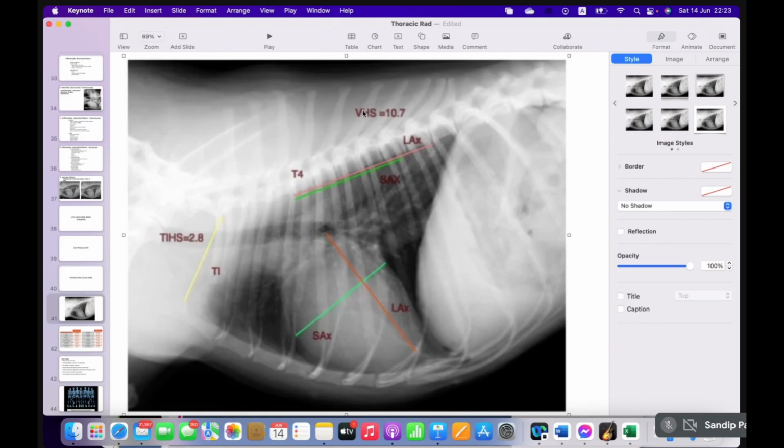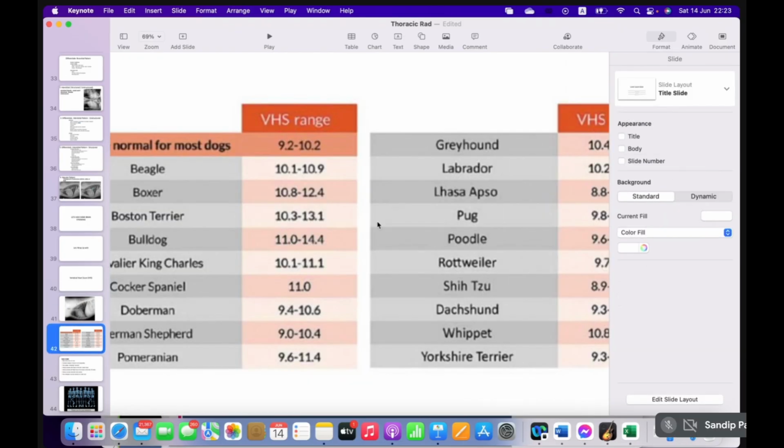So this is how we do the measurement. We take two measurements and we start measuring from the T4 vertebra, and we call that the vertebral heart score, and we give the number. Now there are different numbers.